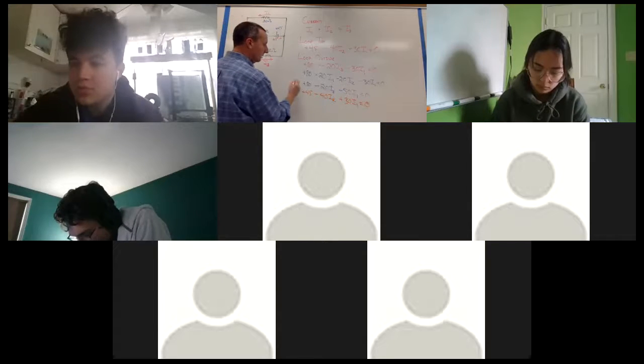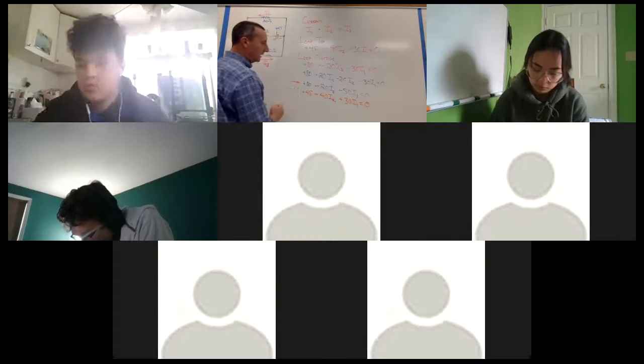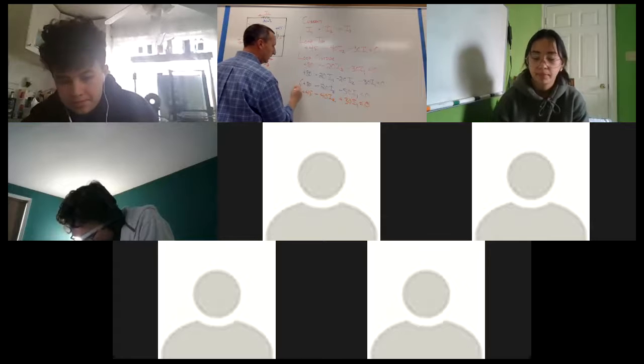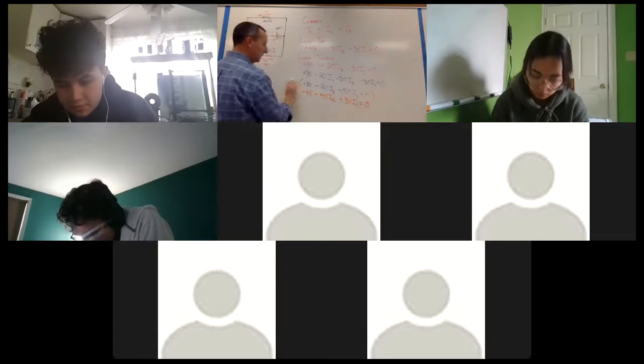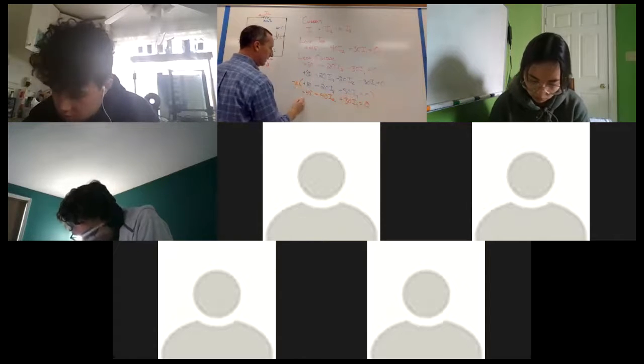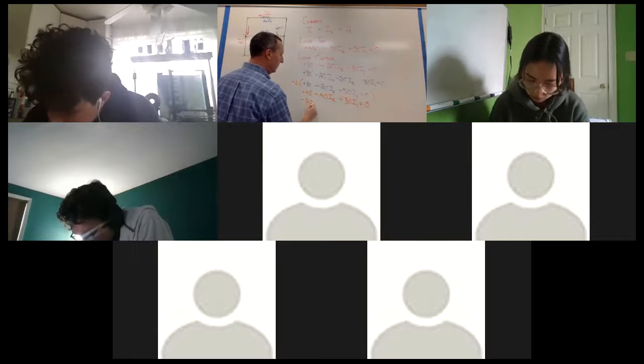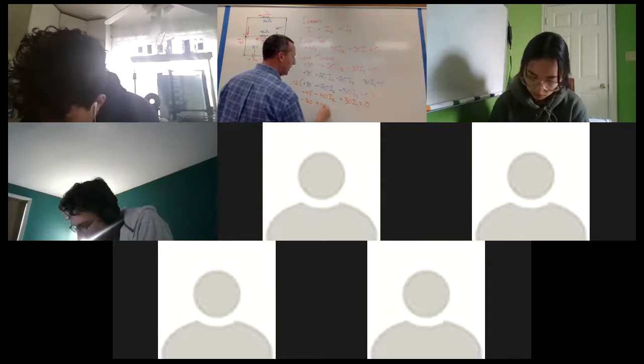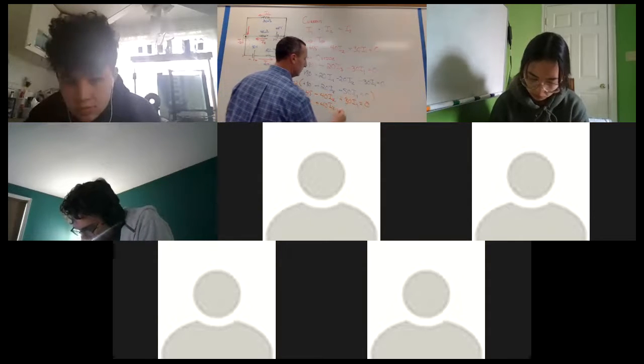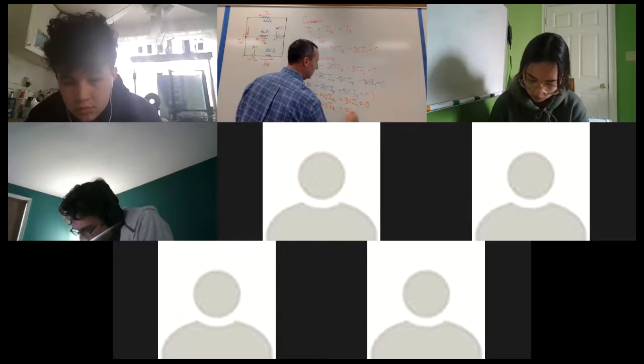So I take this equation and multiply the whole equation by negative 2. I get negative 160 plus 40 I2 plus 100 I1 equals 0.